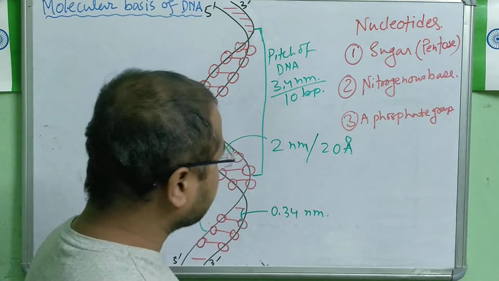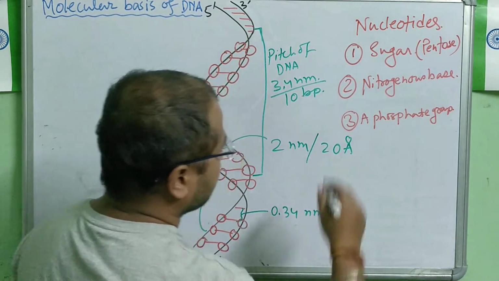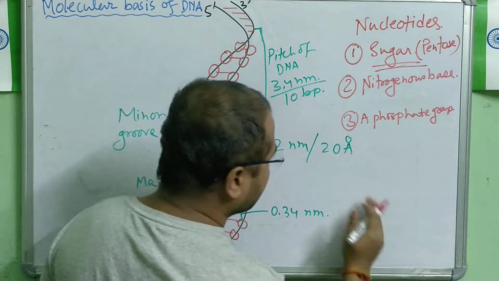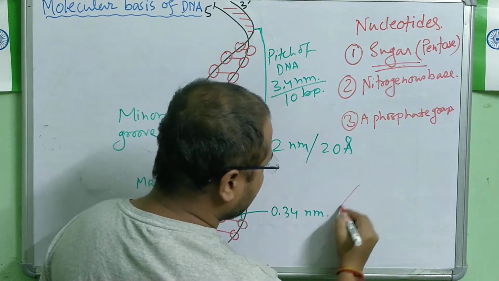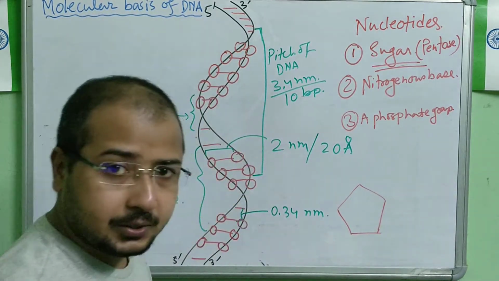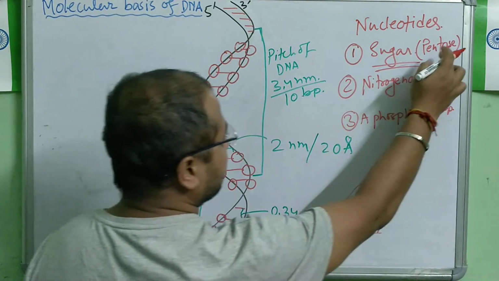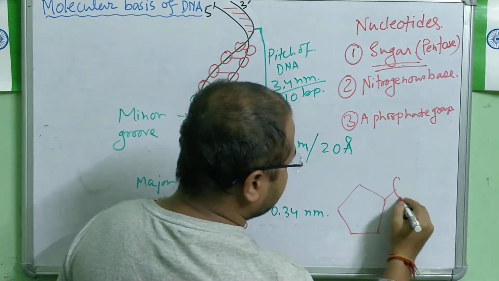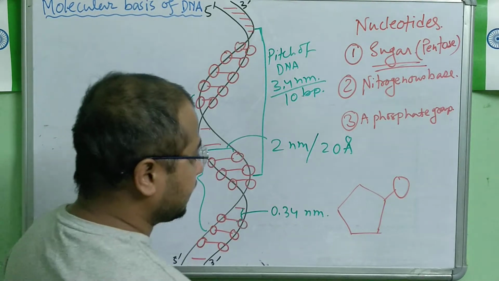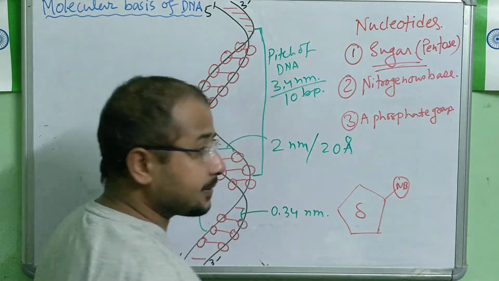First of all, the sugar and the nitrogenous base. A sugar is a pentose sugar, so this is a sugar structure. With this sugar, one nitrogenous base comes and binds. This is a sugar, this is a nitrogenous base.